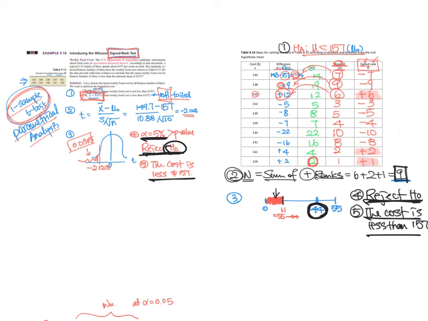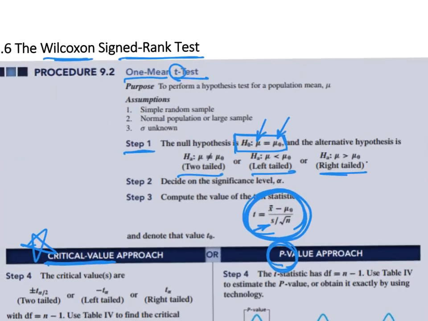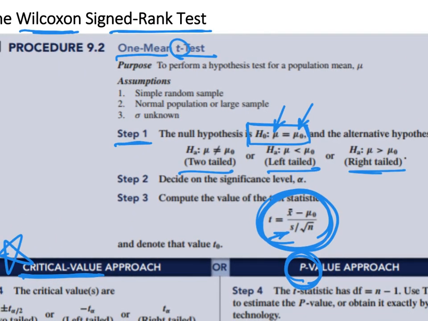When I look at the t-test, the most different thing is the assumptions. So please look at the assumptions.